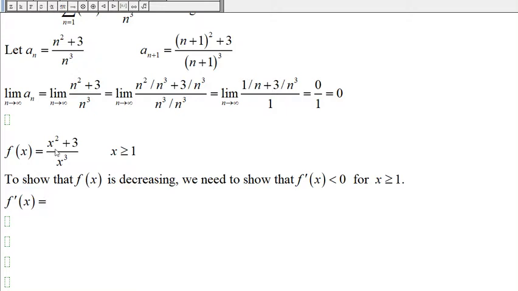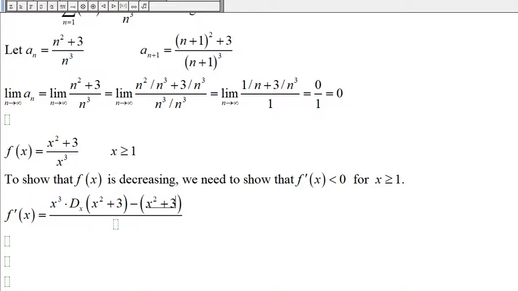And this is a quotient, so we need to use the quotient rule. So it would be x to the third times the derivative of x squared plus 3, and then minus x squared plus 3 times the derivative of x to the third, and then divided by x to the third squared.